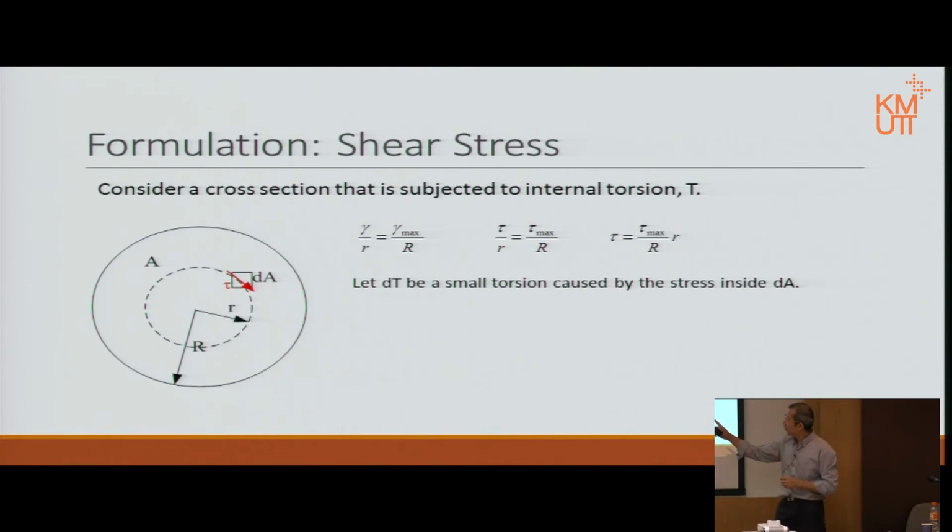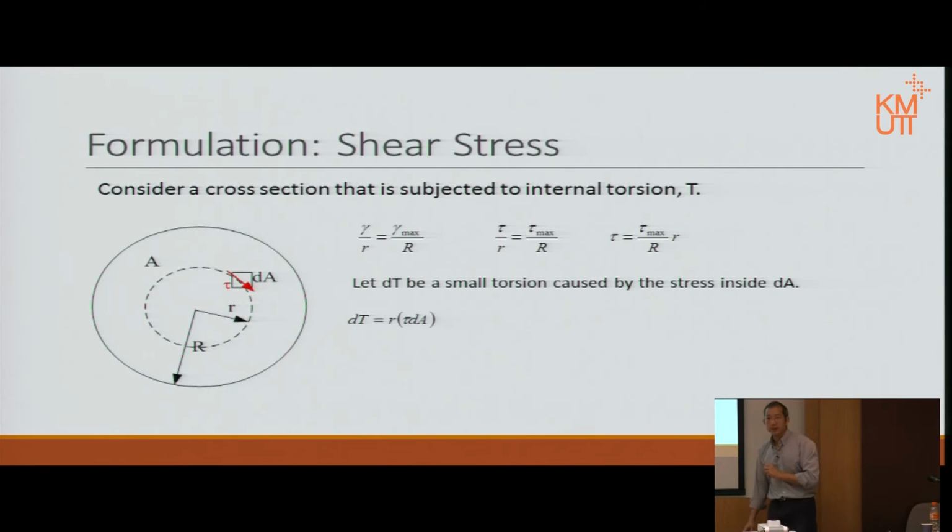Let that small torsion be called dT, caused by the stress inside dA. Firstly, we look at the force. The force inside that small dA is, of course, the stress times the area itself, therefore tau dA. That is just a force.